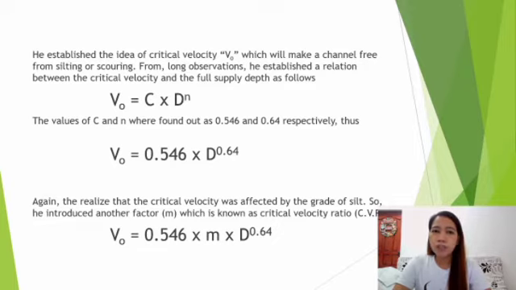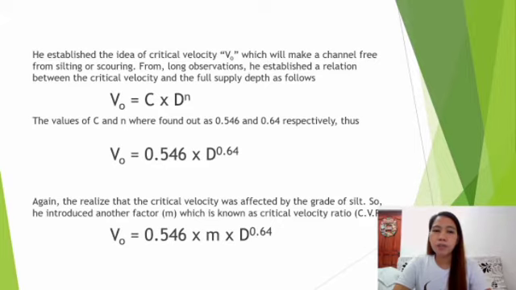From long observations, he established a relation between the critical velocity and the full supply depth as follows: critical velocity is equal to C times D raised to the power of n, wherein the values of C and n were found to be 0.546 and 0.64 respectively.